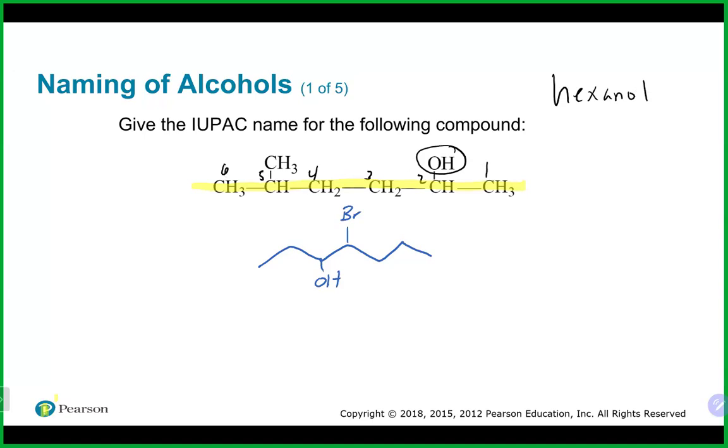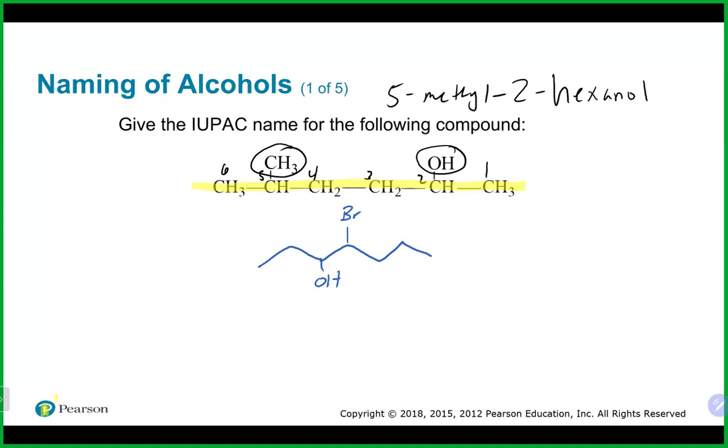So that's going to be a 2-hexanol for the location of the OH group. Because we locked the numbering in going right to left here, the other group has to be locked into number 5. That would then be 5-methyl-2-hexanol. Any questions on that one there?